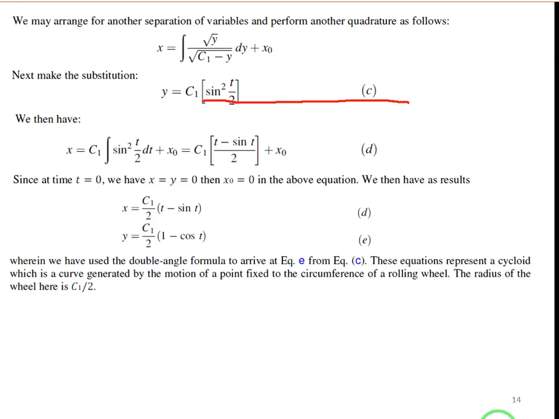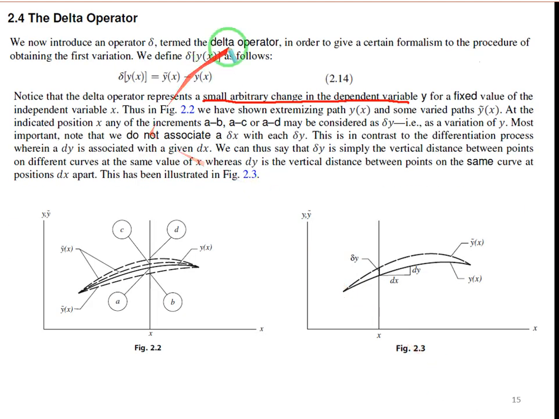Let's go back to our definition. So as we said, delta y of x is equal to epsilon multiplied by eta of x, and delta y must be chosen in a way that the boundary conditions of the problem will be satisfied by this function.